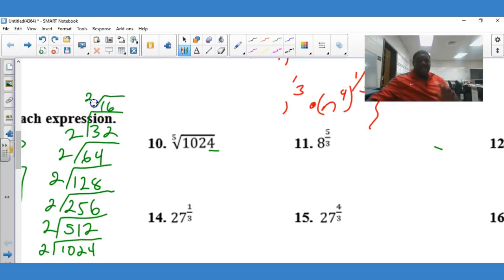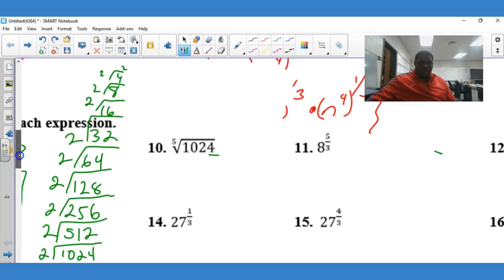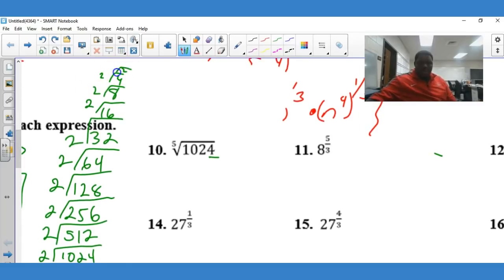I know it seems like a lot, guys, but bear with me. Divide that by 2, you get 8, and divide that by 2, you get 4, and divide that by 2, you get 2. And if you divide 2 by 2, you get 1. So there we go, we went all the way up. Now check this out, guys. I'm about to show you how this works.